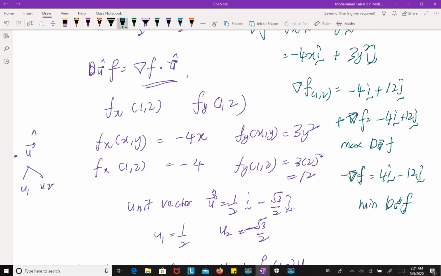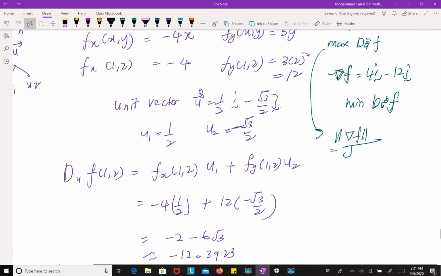Okay, so from here, the magnitude of the maximum directional derivative will be the square root, we can write like this, square root of negative 4 squared plus 12 squared, which is equal to 4 square root 10.